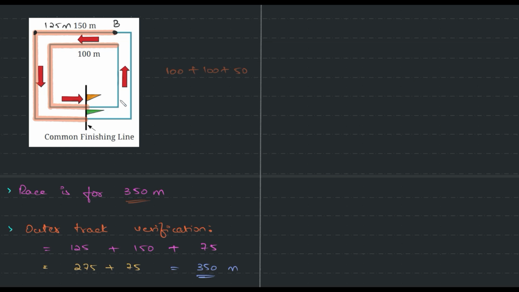So this is giving me 250. We need 350. So what should I do? Add one more length. So basically, if I start over here, I'll end up with 350 meters. So we have inner track verification.